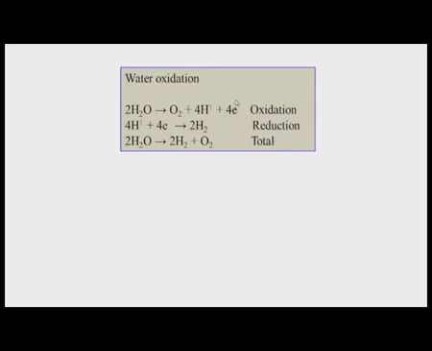These can be consumed by protons, H plus, the hydrogen ion, forming hydrogen gas, the hydrogen molecule itself, through a reduction process. So, overall, the water oxidation reaction must produce hydrogen and O2 also. We also call this the water splitting reaction.